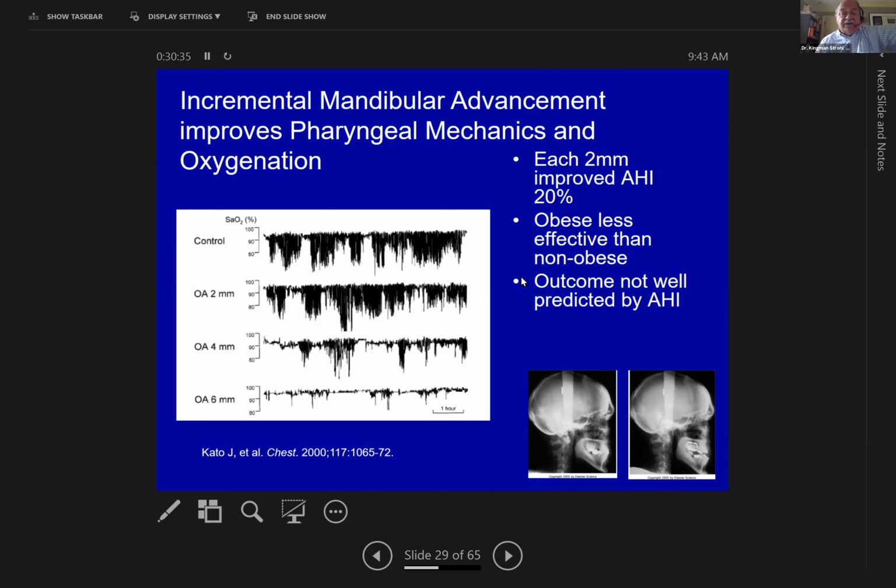And this is oxygen saturation. Obese patients respond less effectively than non-obese, probably because of Pcrit. But it's not well predicted by AHI. Now you know why: Pcrit doesn't necessarily correlate terribly well with the apnea-hypopnea index.